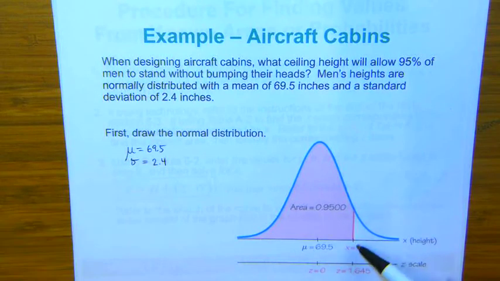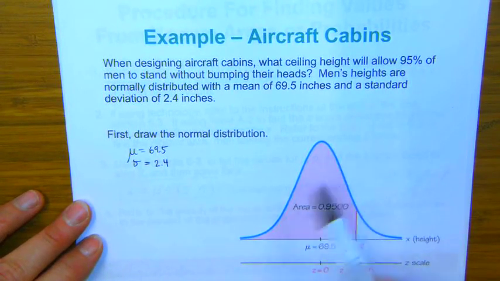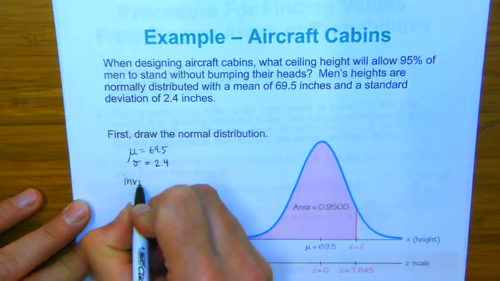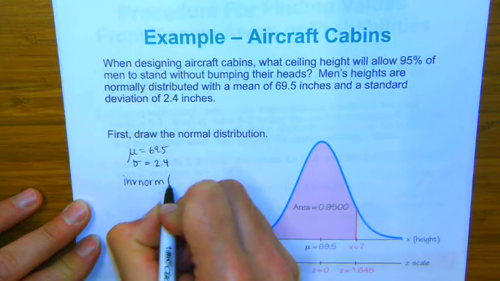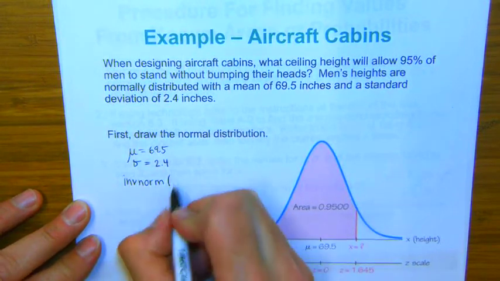And now we're going to figure out first the z-score, then the x value. So how do we find the z-score down here? Well, in order to find a z-score associated with an area, we actually use the inverse norm. Then we enter in the area on the left, which is 0.95.